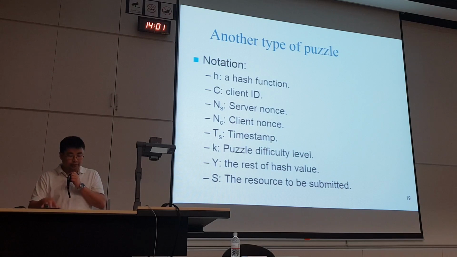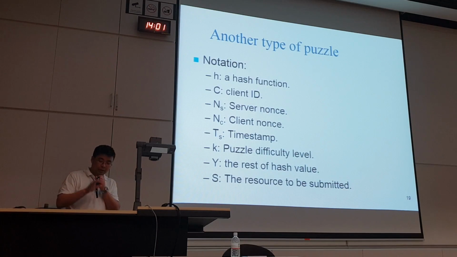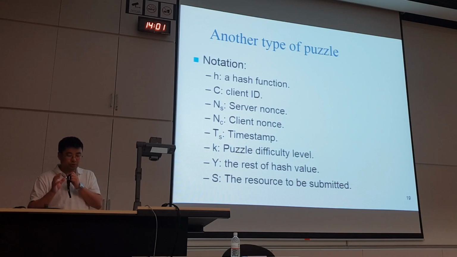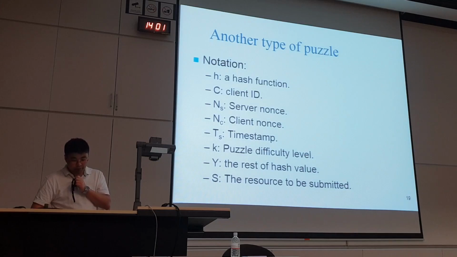So this is the client puzzle given in the paper I mentioned at the beginning. There is another type of client puzzle which is similar. This client puzzle uses the same proof of work as Bitcoin. Similar to the previous case, we still use a hash function. However, now the problem to be solved is different.